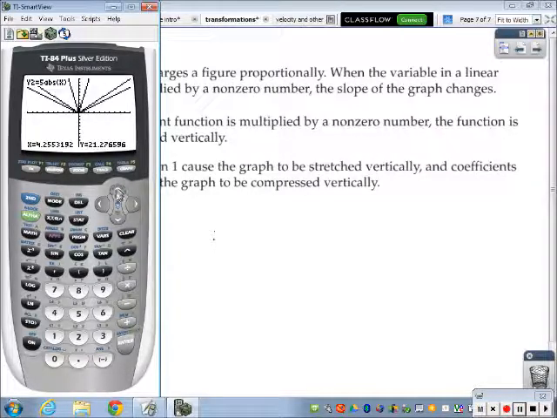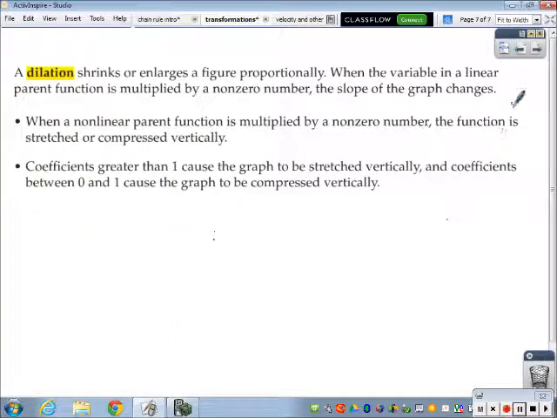And then if I hit up again, I get the more narrow line, there it is. So this more narrow line is the one with 5 absolute value of x. So that's just a little comparison of the dilations. So the three that we are learning about are translations, reflections, and dilations. And those are the three that you should have seen in our first few pages of our booklet when exploring absolute value.